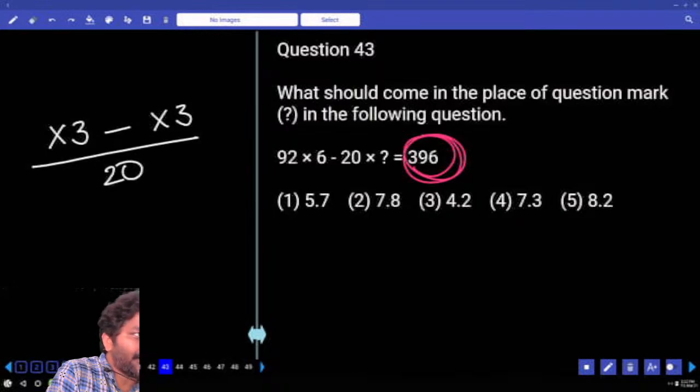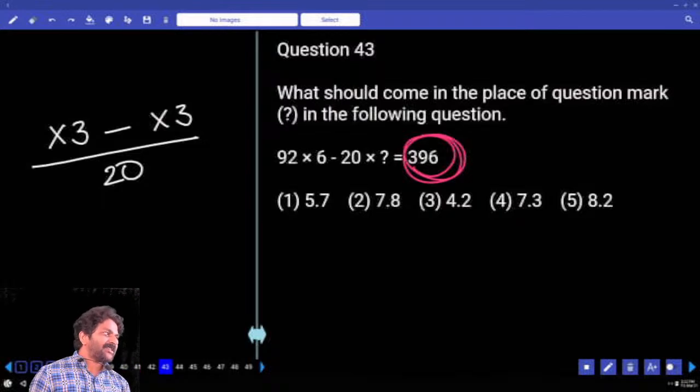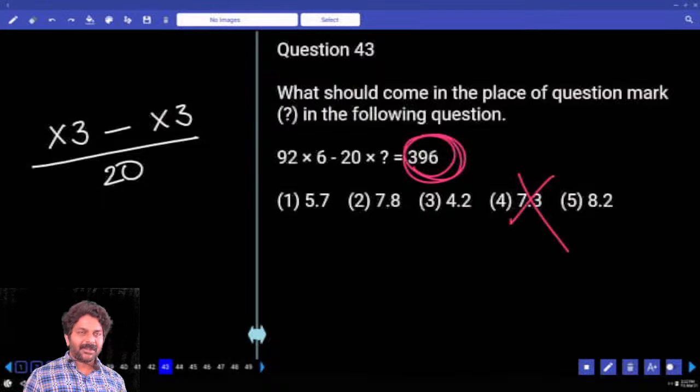Is that a 3 multiple? So can you eliminate 3 multiple in the numerator? Answer must be a 3 multiple. Come to options now. 7.8. Can it be 7.3? Eliminate. 7.8 final. Followed.